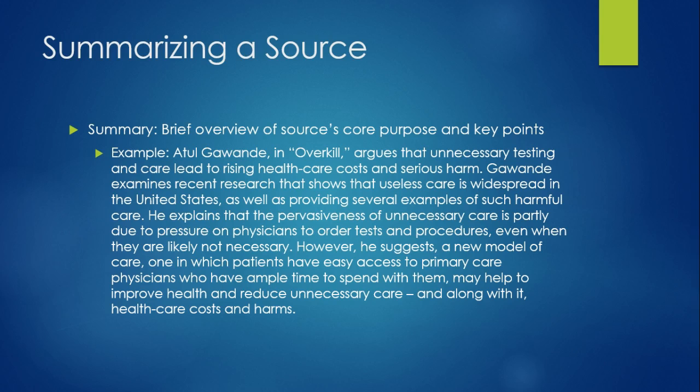However, he suggests a new model of care, one in which patients have easy access to primary care physicians who have ample time to spend with them, may help to improve health and reduce unnecessary care, and along with it, healthcare costs and harms. That would be a summary of his entire article.